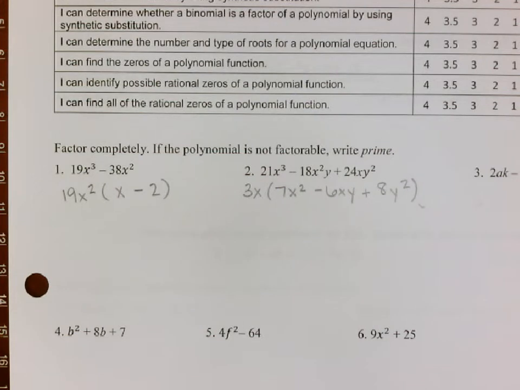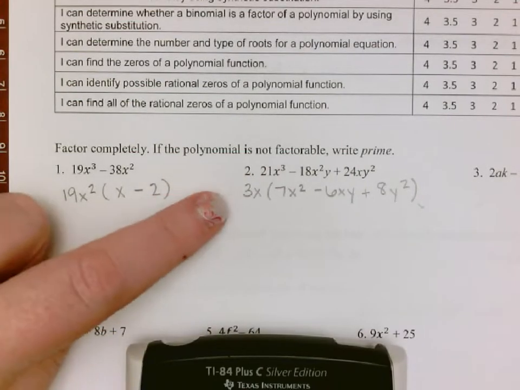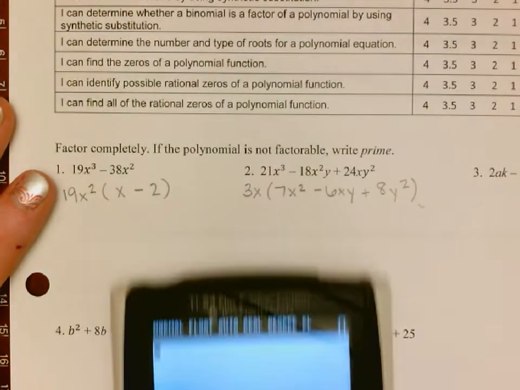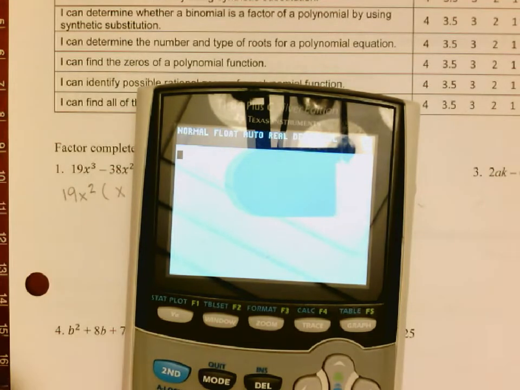So now I need to look and see if there are factors of 7 times 8 that add up to be negative 6. When you have variables at the front and the end, you can just forget about the y's. So I'm going to just run 56.